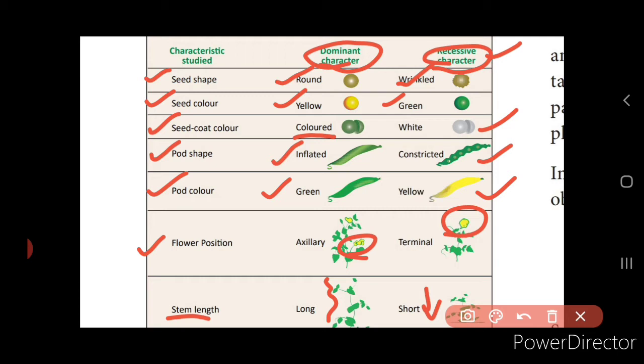So first we are going to see about the crossing, that is the monohybrid cross. That is the inheritance of one gene from one generation to the other. We are going to take only one pair of contrasting characters, and we are going to do the experiment and show how this one particular character is transmitted from one generation to the other generation.